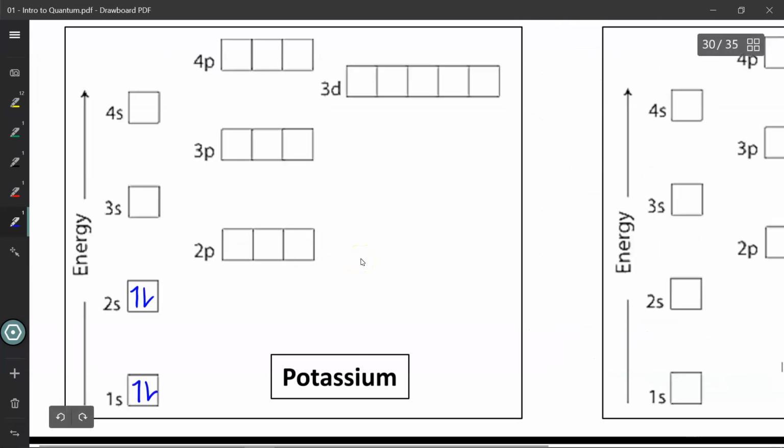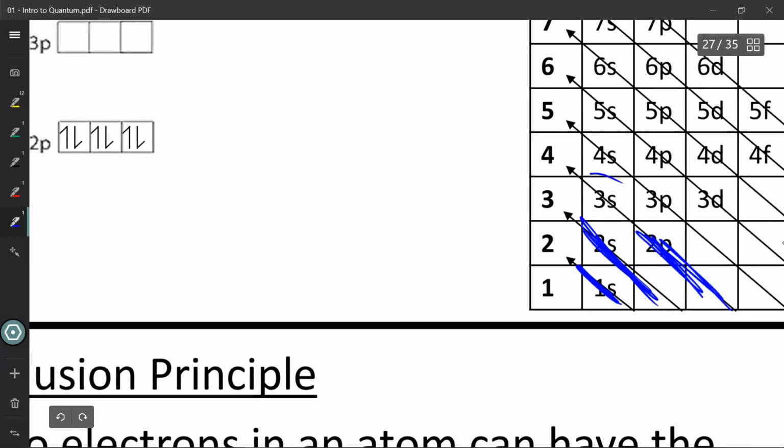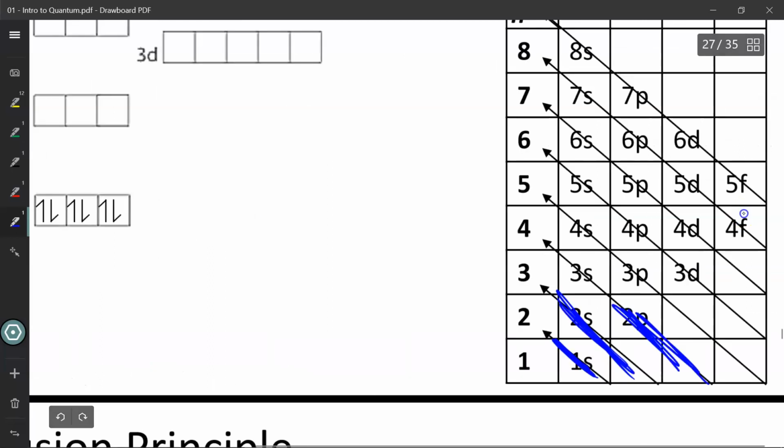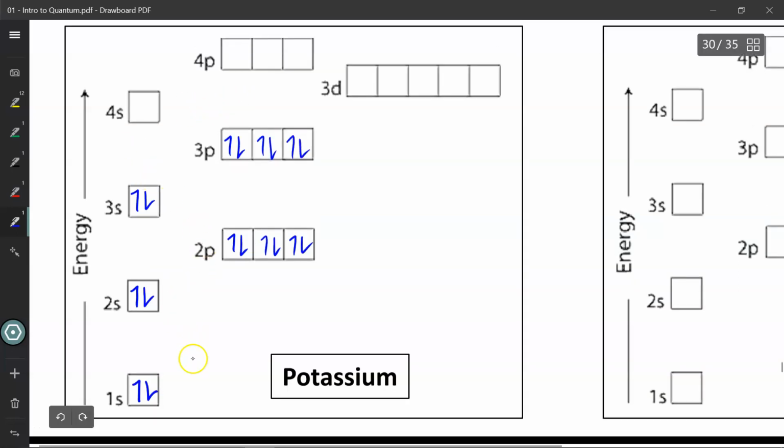But Hund's rule says that we must fill in every suborbital first before we start doubling up. After 2p is 3s. So again, Pauli exclusion to double up. After 3s is now 3p. So again, Hund's rule. Then Pauli exclusion to make sure we have opposite spins. Let's count how many I've drawn so far.